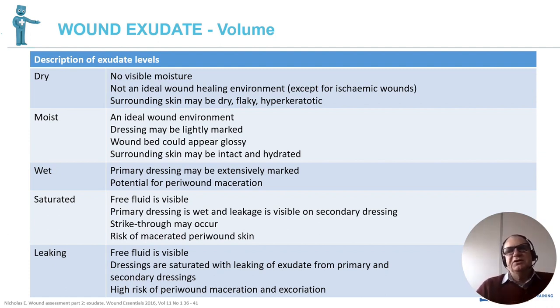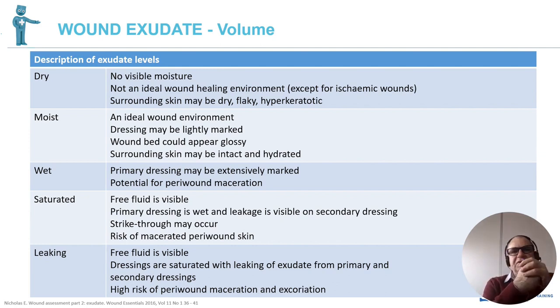Wet means that your primary dressing is extensively marked, so we have exudate marking your dressing, which means that they can have peri-wound maceration, but also means that there is something going wrong in the wound. It could be just maybe lymphedema, which we cannot control immediately, but understanding why.